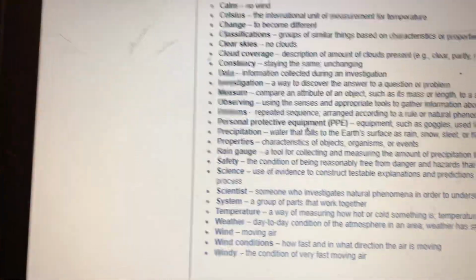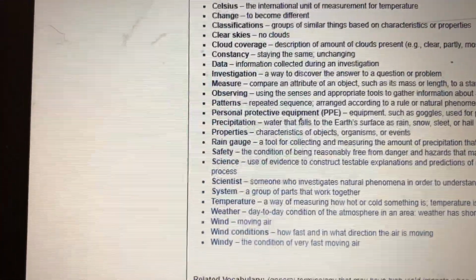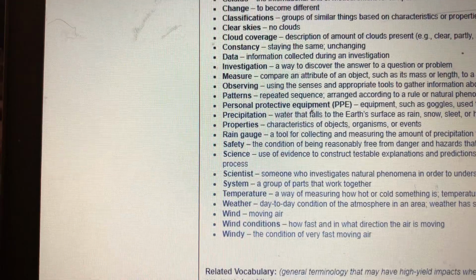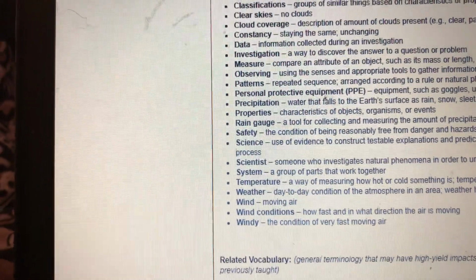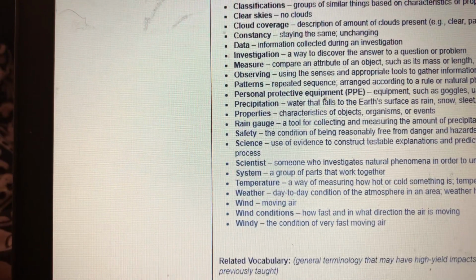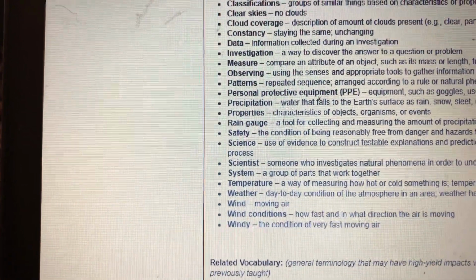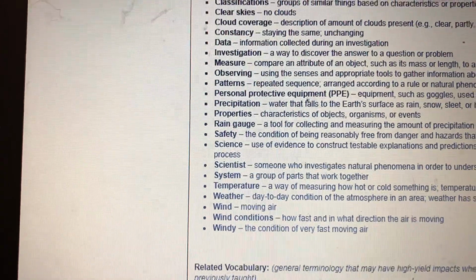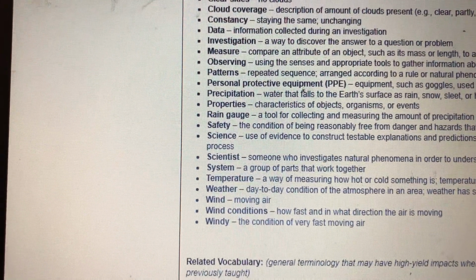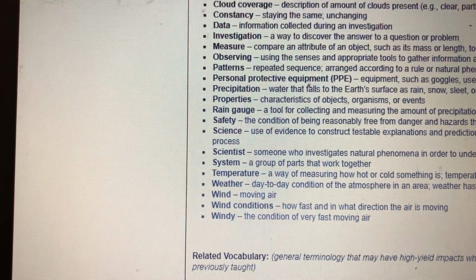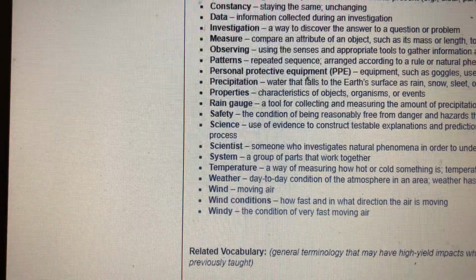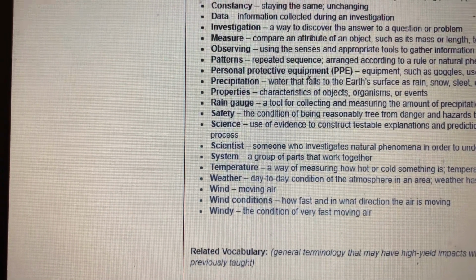During this chapter, you will learn about the wind. You will also learn about Celsius, change, classification, clear skies, cloud cover, consistency, data, investigation, measure, observing, patterns, personal protective equipment.